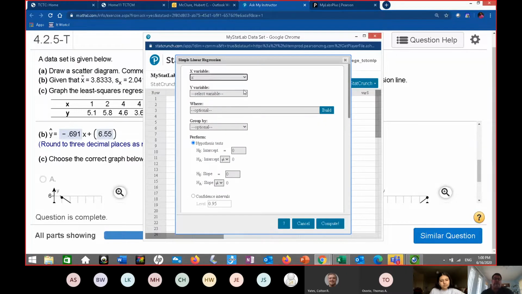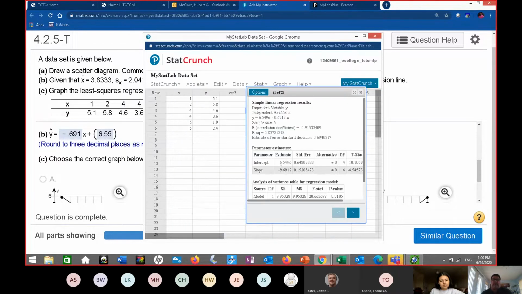Select the first one, select the second one, and compute. And there is your line. There it is right there. Of course, they do it backwards. I don't know why they do that. Negative 0.6912x plus 6.5496. So you can even do it quicker in StatCrunch.